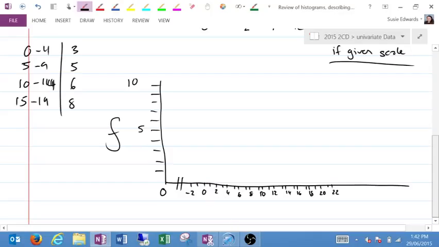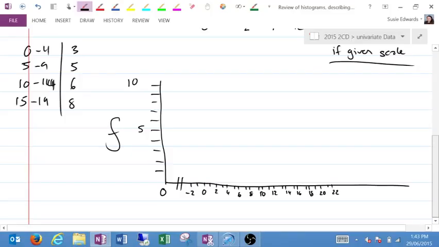Okay, so I've broken the scale, I've left a gap here. Now, 0 to 4. Where does 4.5 go? It goes into which one? The second one, because as soon as it's 0.5, it goes up. Where does 4.45 go?